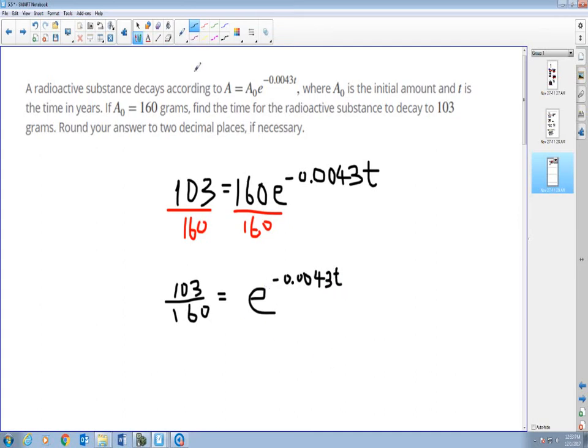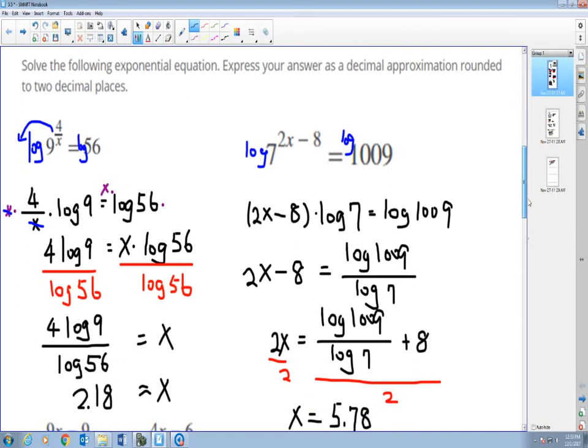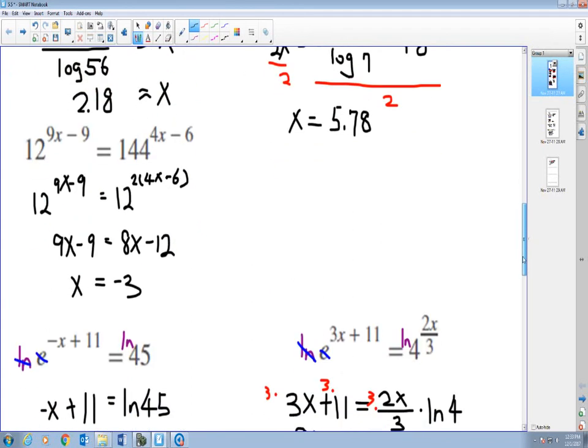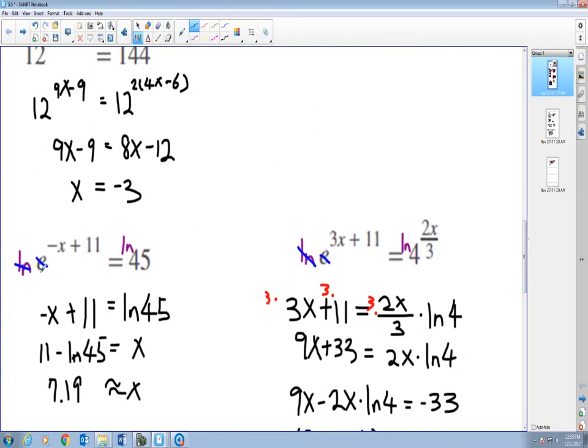Okay, to get rid of my e, we can take a natural log on both sides. So now this problem looks just like some of these problems that we did in part 1, where if one of my terms contains e, we can take a natural log on both sides.